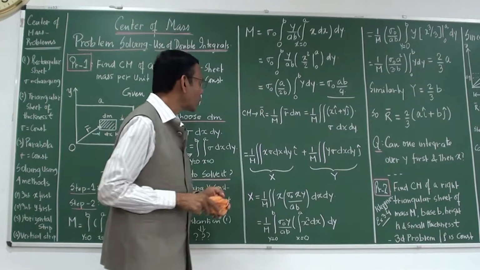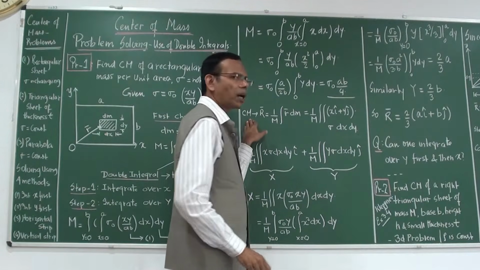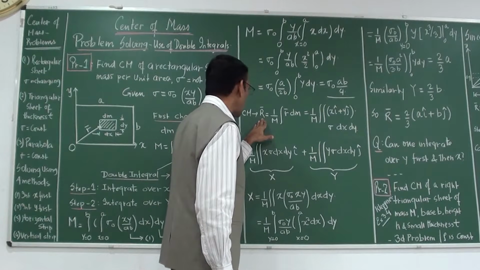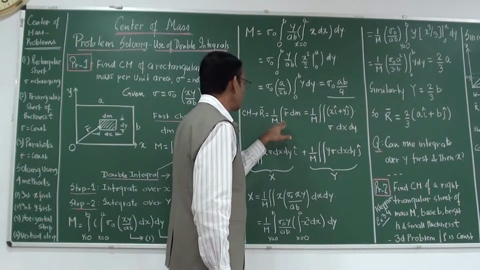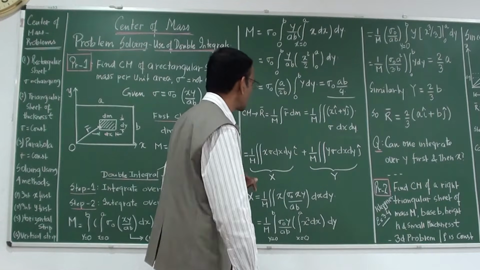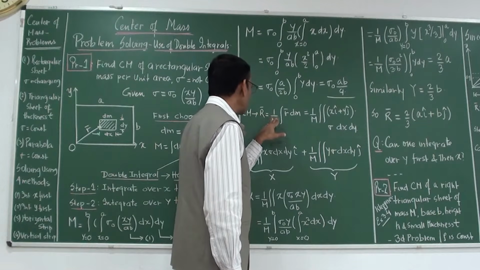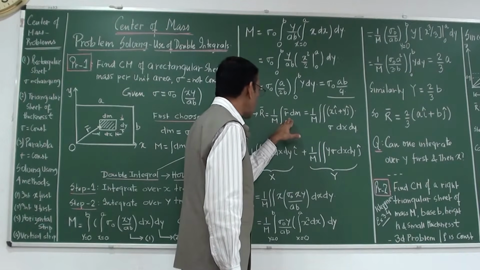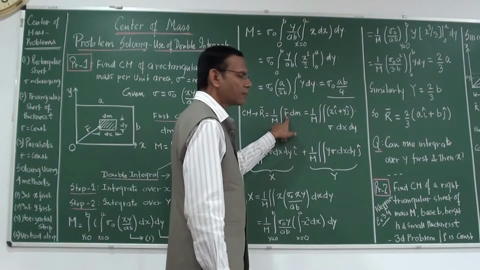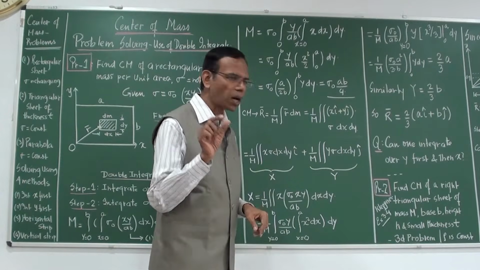Well, now what we do, we calculate the center of mass. Center of mass, that is your vector R, is 1 over m integral of r vector dm. This is what we have studied in our last class. Now small r is the position vector of that small mass.